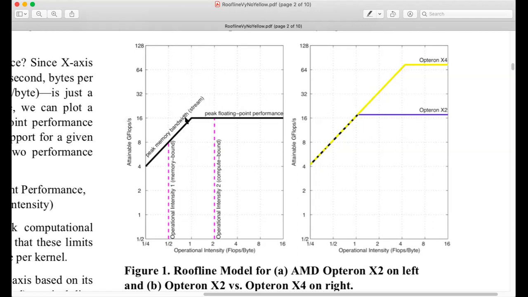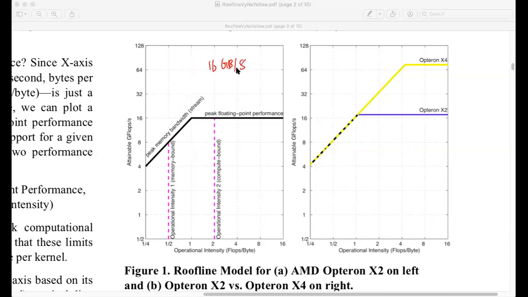And it so turns out the memory bandwidth here, as per the benchmark they did using some application, is also something like 16 gigabytes per second. I'm using MB for short.